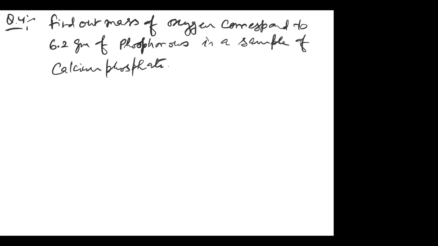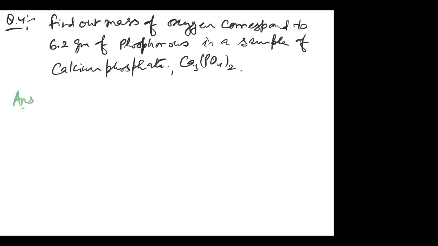You have to find out the mass of oxygen corresponding to 6.2 gram of phosphorus in a sample of calcium phosphate. So calcium phosphate is nothing but Ca3(PO4) whole twice. Calcium phosphate.